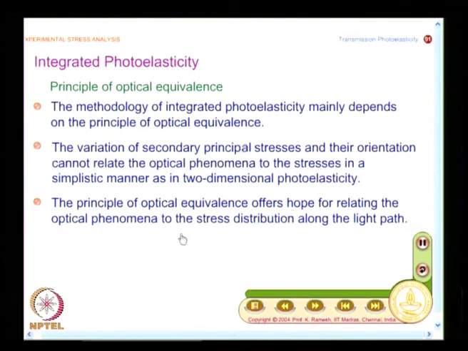So, here I need to determine the stress distribution along the light path. You are not looking at stress components on a particular plane, but stress component variation along the light path. So, essentially it is a tensorial tomography.